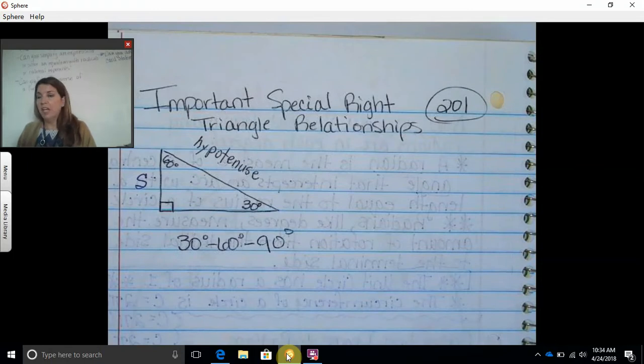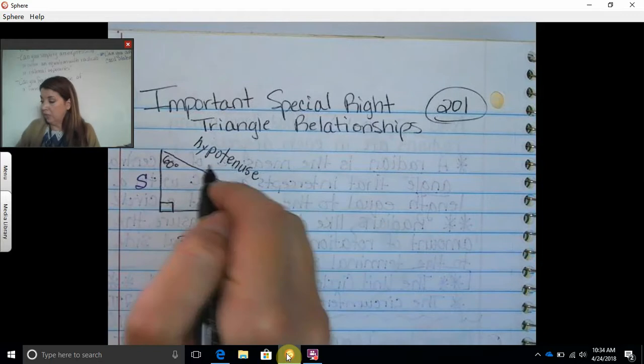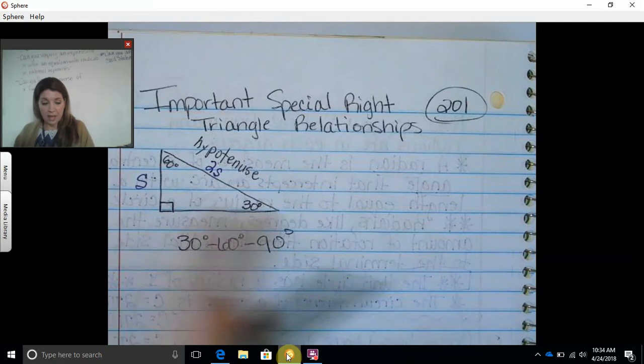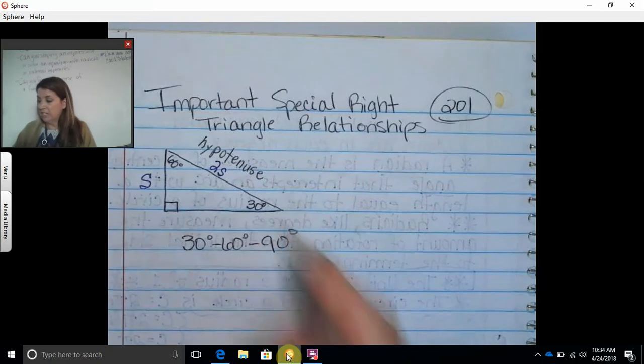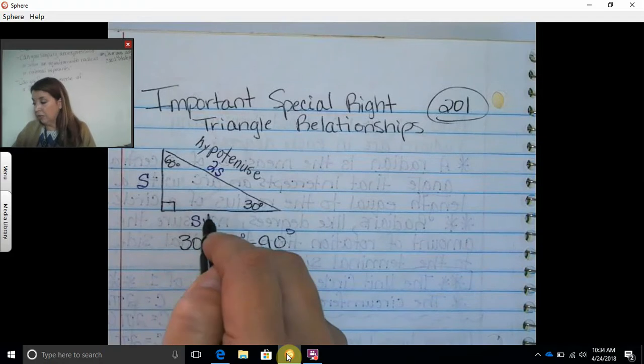And the hypotenuse of a 30, 60, 90 triangle is always twice as long as the smallest side. So we would call it 2S. It's 2 times the length of the shortest side. And that middle leg is the length of the shortest side times the square root of 3.